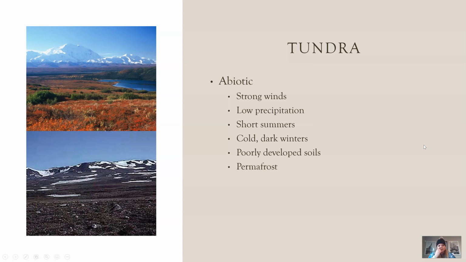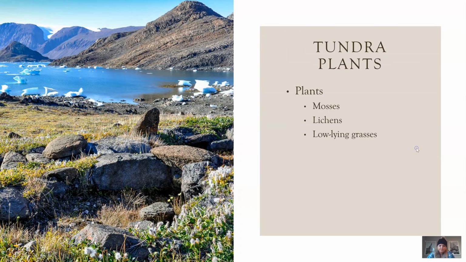All right, looking at a tundra. The abiotic factors here are strong winds, low precipitation, short summers, cold, dark winters, poorly developed soils, and permafrost. Plants here are mostly mosses and lichens, and sometimes this low-lying grass that you see here. So where you would find glaciers is basically where a tundra would be found.